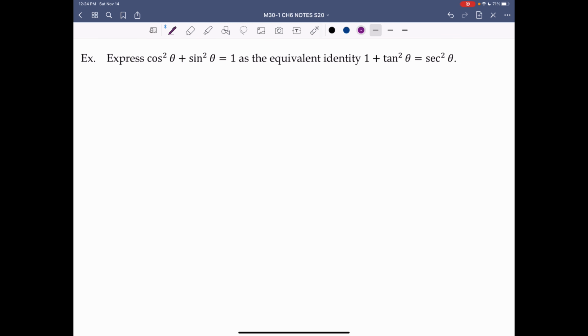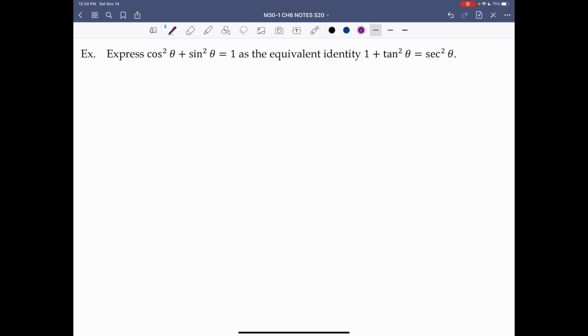Express cos squared theta plus sine squared theta equals 1 as the equivalent identity 1 plus tan squared theta equals secant squared theta.